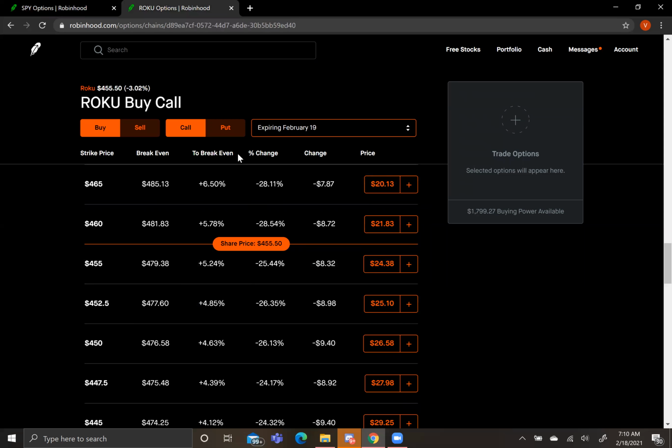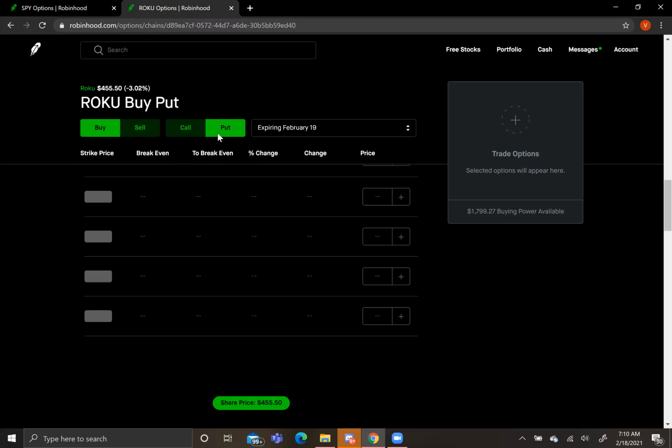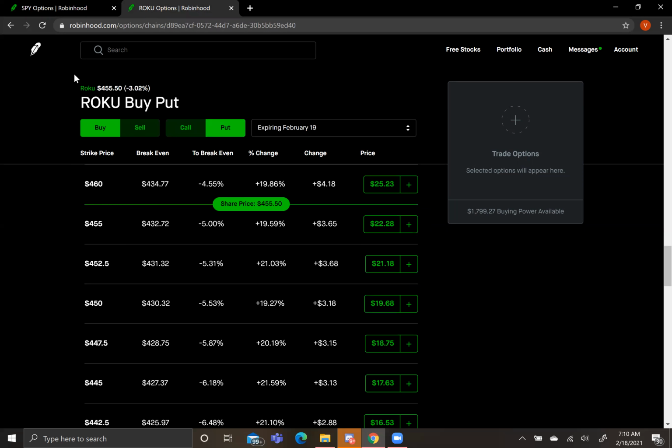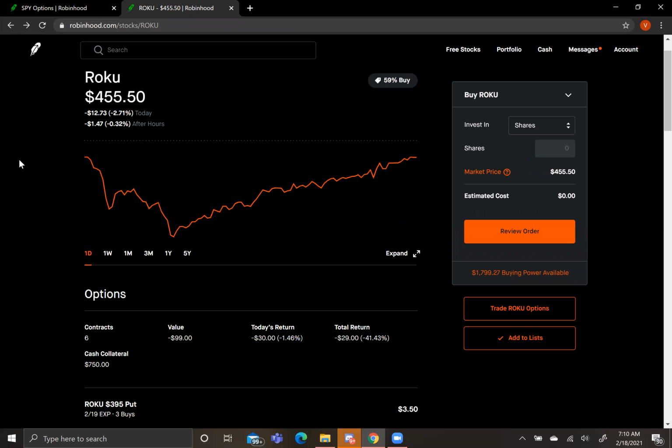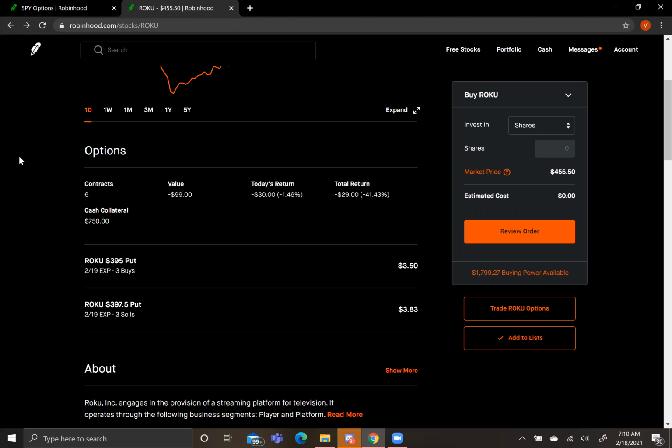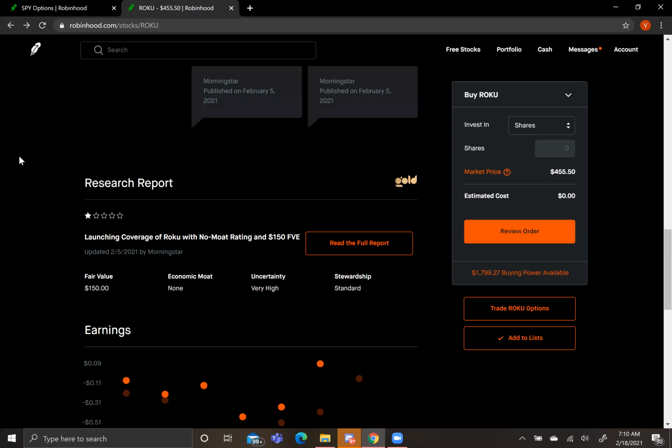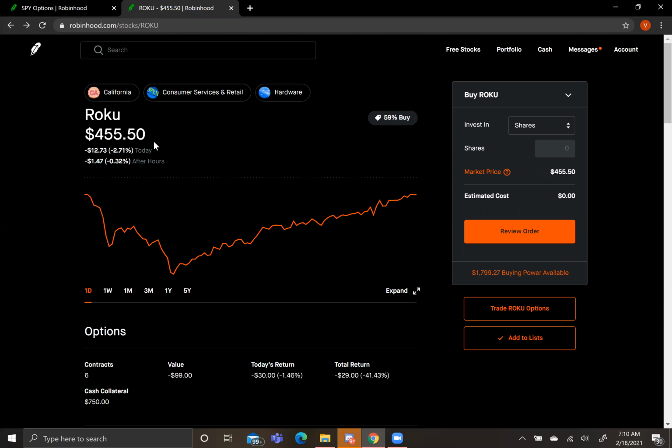What I did was I didn't do Roku call credit spreads. I actually did the put credit spread, because I'm very bullish on the stock. Roku has their earnings this week. Roku's trading for 455 after hours.